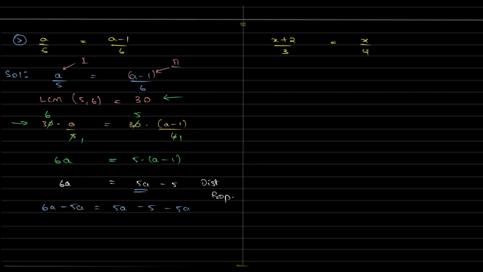So that's the new step. This is a new thing that you did, so that 5a gets cancelled and you have 6a minus 5a, that is 1a is equal to negative 5, and that is your answer. Okay, lengthy process, but in the end, you got your answer.